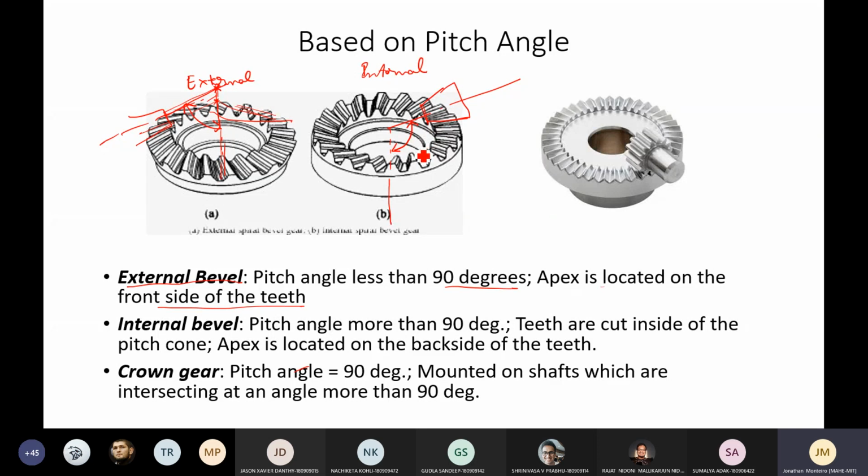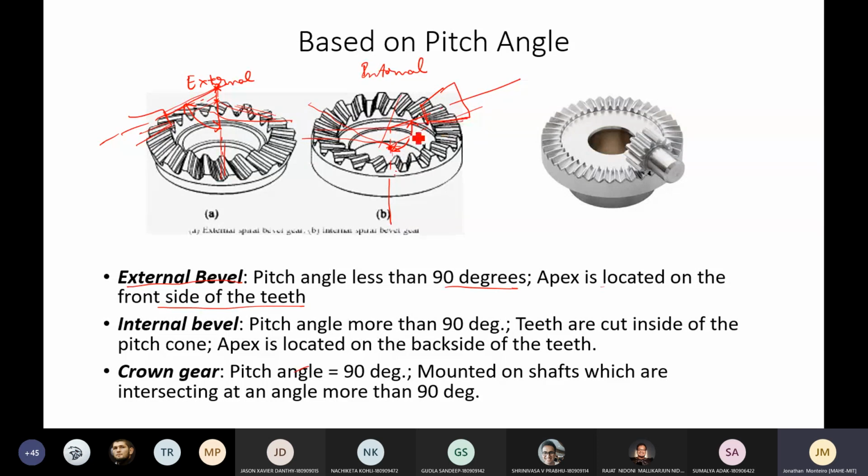Such an arrangement is called internal bevel. Why is it called internal? Again, if you project the cone, this imaginary cone that is formed by joining all the tooth lines, this will be on the back side of the teeth. So it will not come in the front.